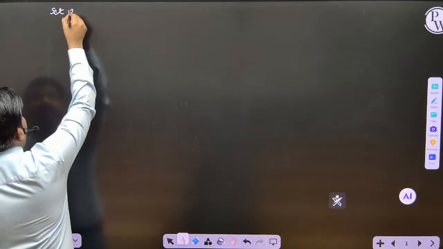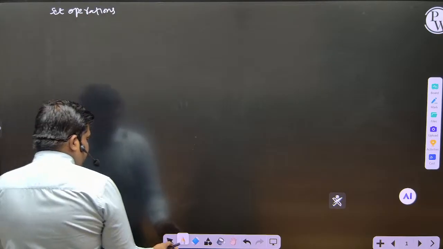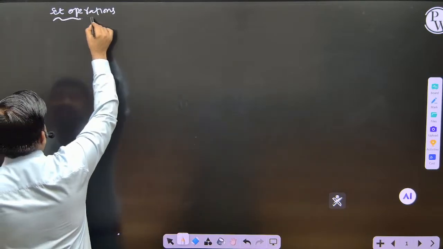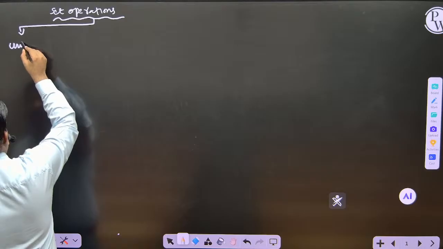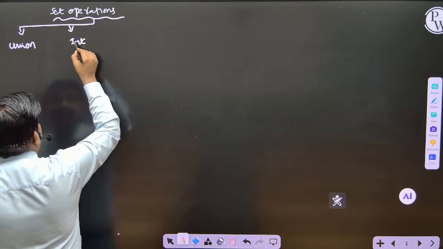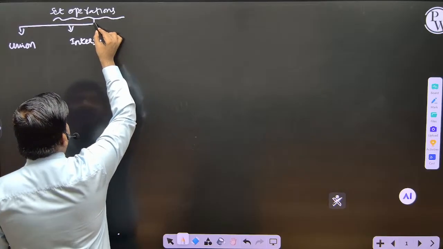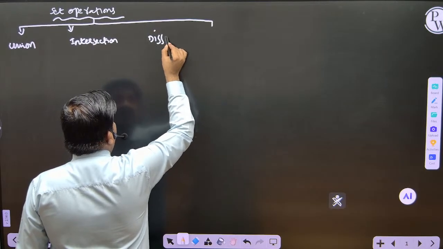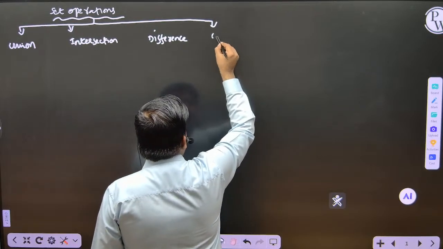First, one is the union, another one is the intersection, third one is difference, and the fourth one is complement.